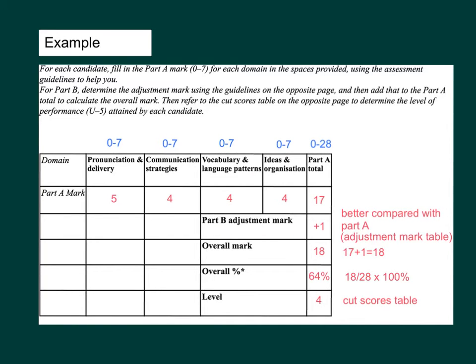Better performance compared with Part A, according to the adjustment mark table, plus 1 mark. Overall marks, 18 marks. 17 plus 1 equals 18 marks. Overall percentage, 64%. 18 over 28 times 100% equals 64%. Level of performance, 4, according to the cut scores table.